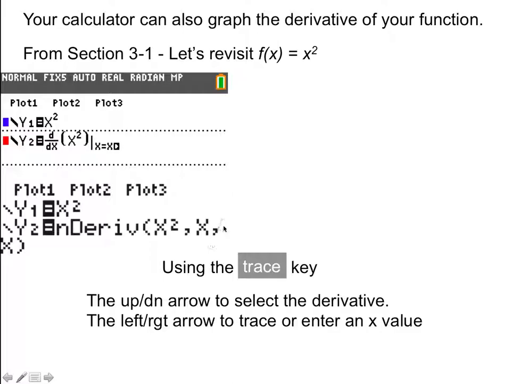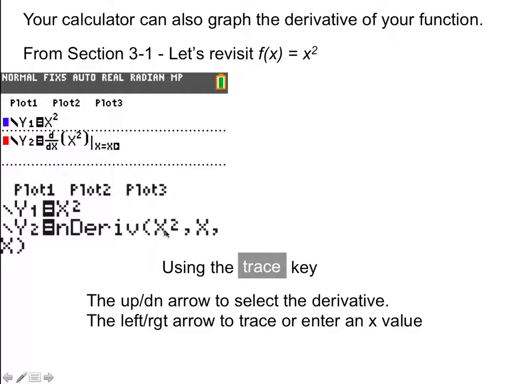It's the same process on either type of calculator. The difference here is we're going to get our differential x and our function x squared and our differential x again to tell our calculator what variable to look for. And then instead of putting a numeric value at the end, we're going to just put another variable x.